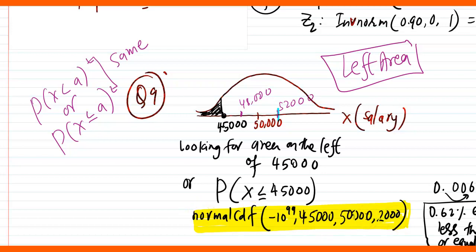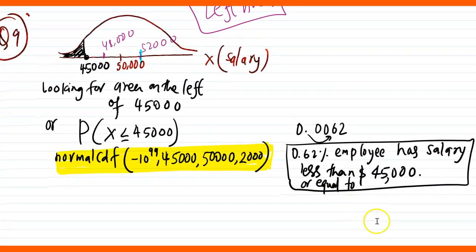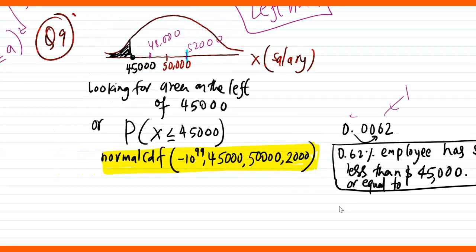And put in the calculator, you get 0.0062. And that is a proportion. Proportion, P-R-O-P-O-R-T-I-O-N. Also probability, P-R-O-B-A-B-I-L-I-T-Y. Also we call it area. Area of what? Under the curve left of $45,000.